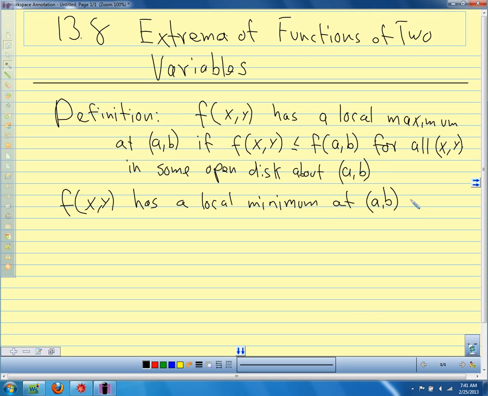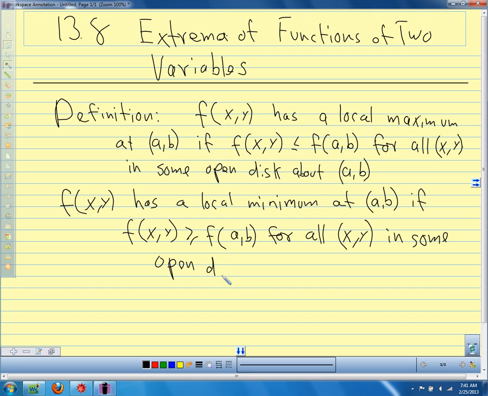We just turn our inequality around. So this is just saying that the function is larger everywhere else nearby compared to the function at this particular point.